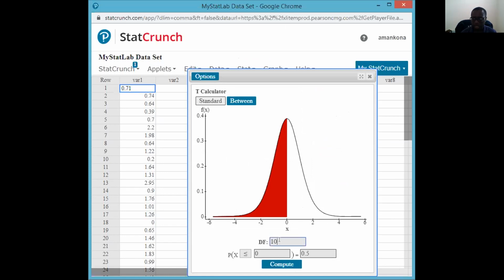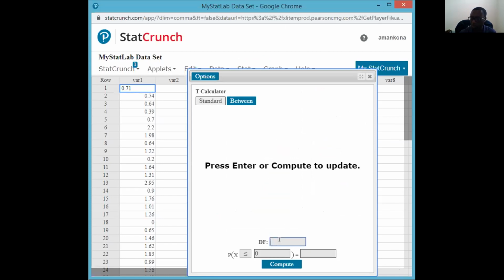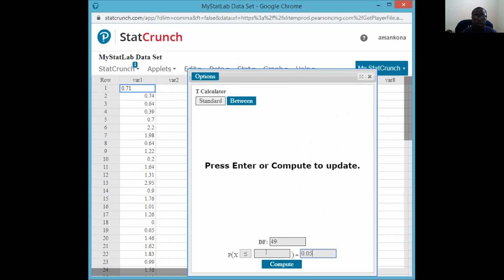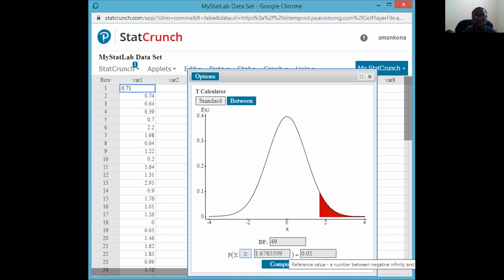What's the degrees of freedom in this case? The degrees of freedom is 49, because n minus 1. And then what's the probability? It's a right tail, 0.05. And then we want to find the value to the right. So that value is 1.677.